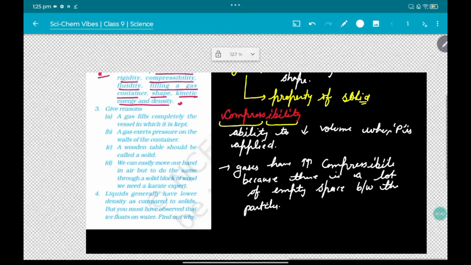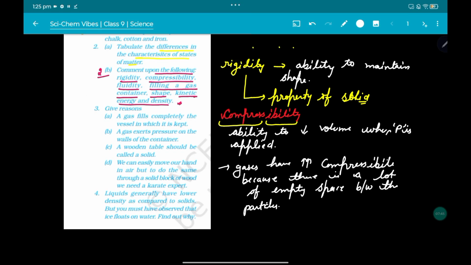We know the gaseous particles are far away, that's why it contains a large empty space between them. So gaseous particles are highly compressible.